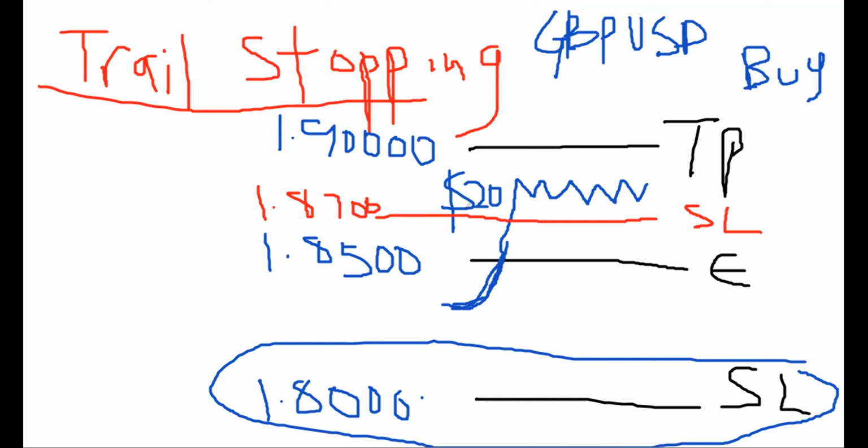Now do your own mathematics very well. You notice that 1.8700 is far more than 1.8000. Are you with me? So if this trade misbehaves and goes down to hit here, it will hit your stop loss in profit. So eventually, you might just have $14 to smile on.